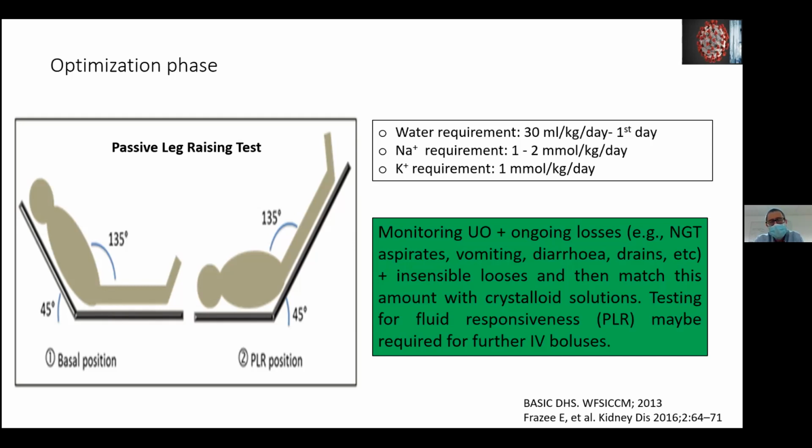But if you don't have an arterial line with availability to monitor cardiac output, you can monitor the systolic BP, and if there is an increment of the systolic BP of 10% or more, that means the patient warrants extra fluid.